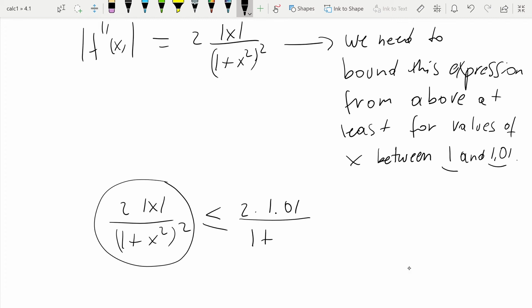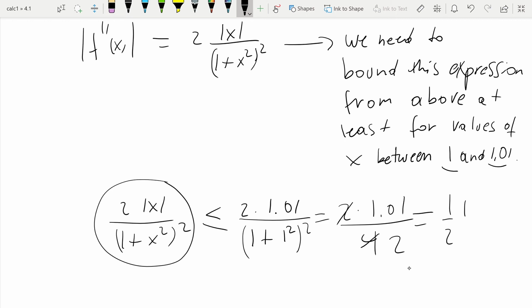So 1 plus 1 squared, all squared. This is equal to 2 times 1.01 divided by 2 squared, which is 4. And this is just equal to 1/2 times 1.01.